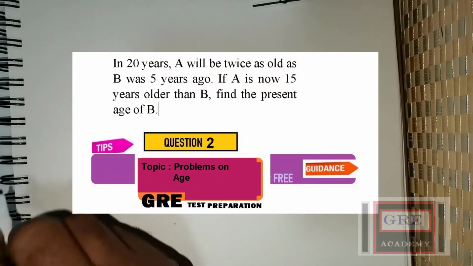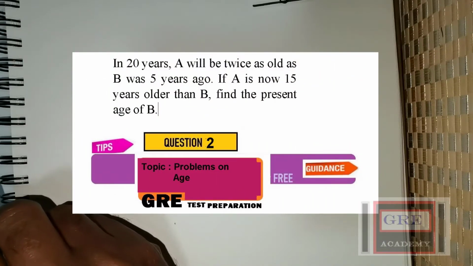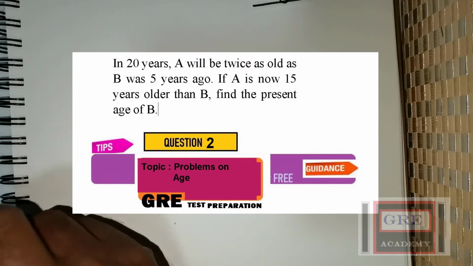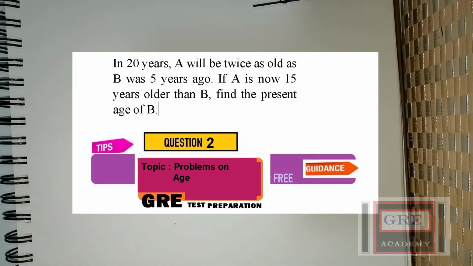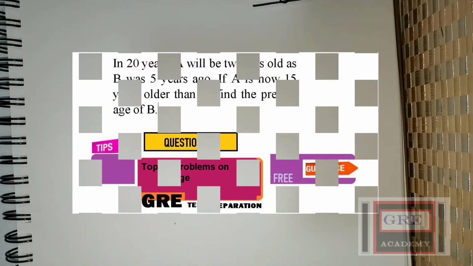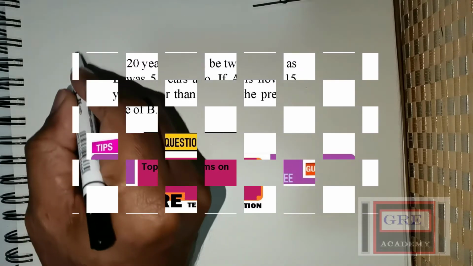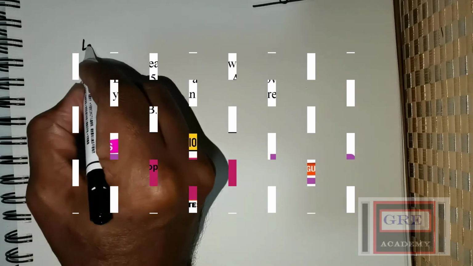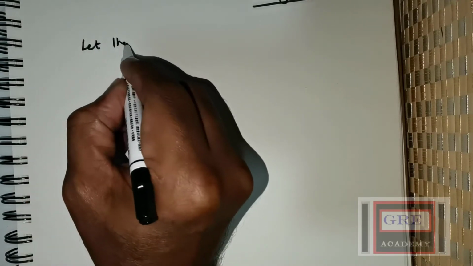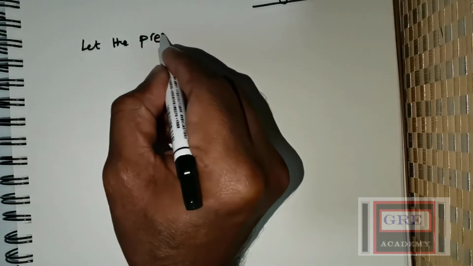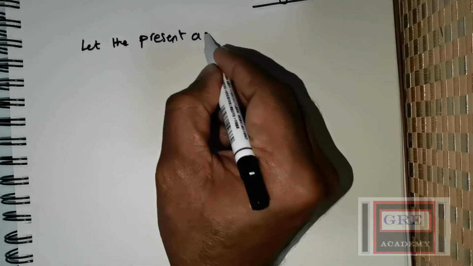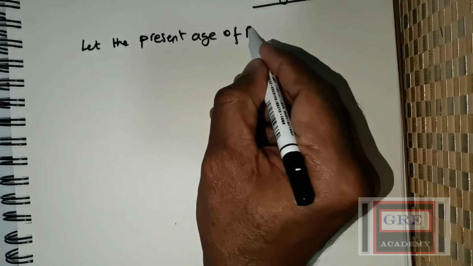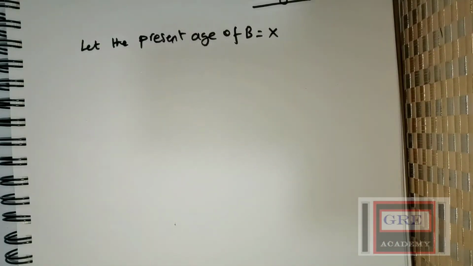So we are given this next question. In 20 years, A will be twice as old as B was 5 years ago. If A is now 15 years older than B, find the present age of B. So to solve this question, let us start off by assuming let the present age of B be equal to x.